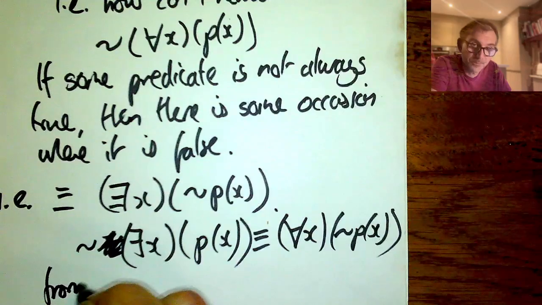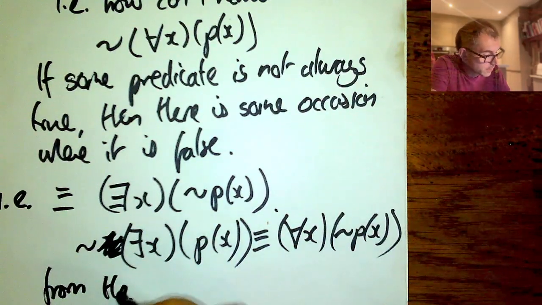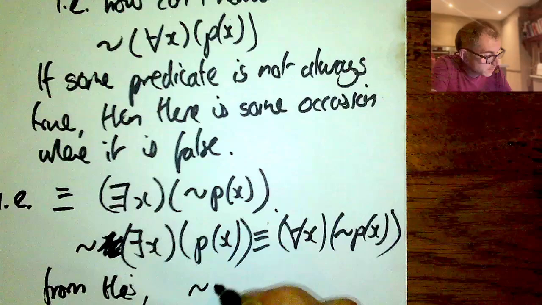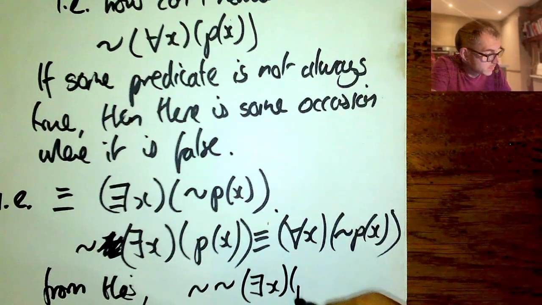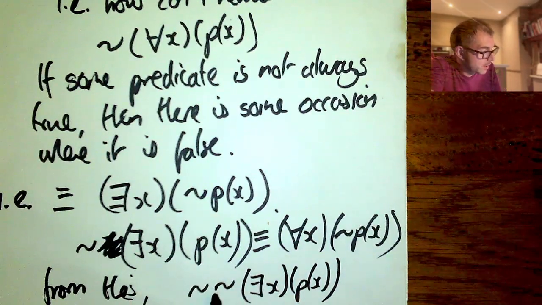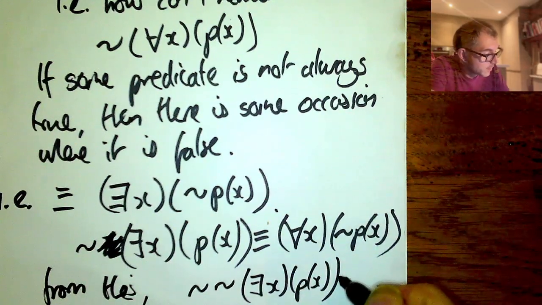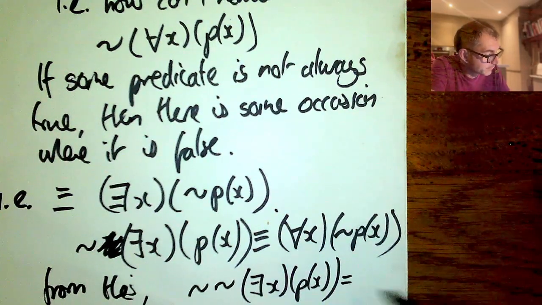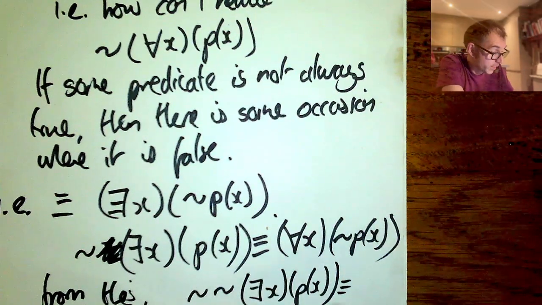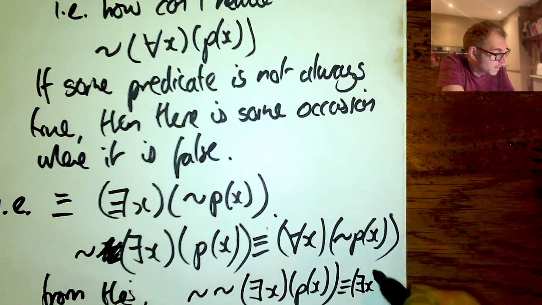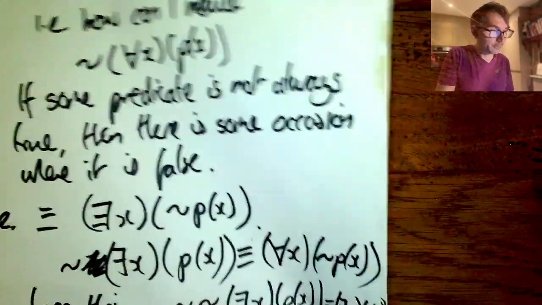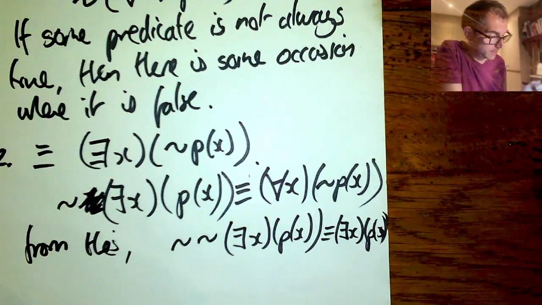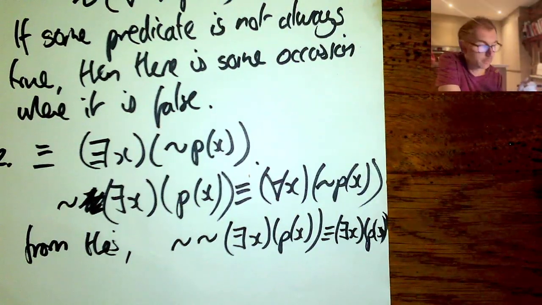So from this, if I do both together, taking not and not of there exists x such that p of x is true, that would tell me that there is, so for all x not p of x, and if I do that again, I do indeed get what I started with. So this fact is another way of expressing the law of the excluded middle, as it's sometimes called.